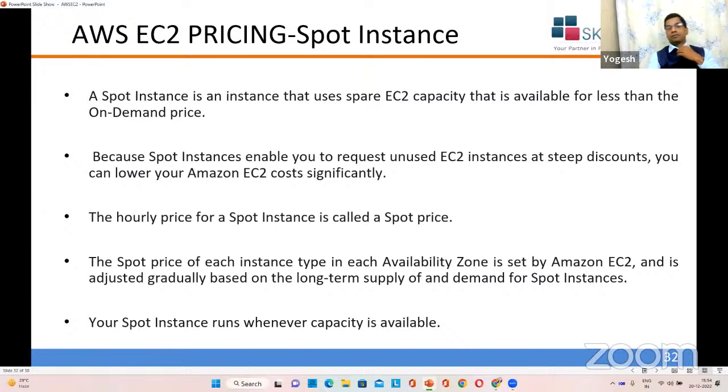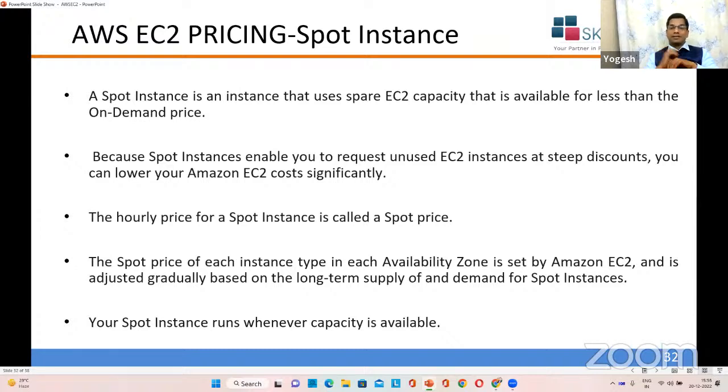I have taken up a lot of instances. Some are unused instances, so I am keeping them like that. Then you can discount it, you can lower your cost. And you have something called spot price also.